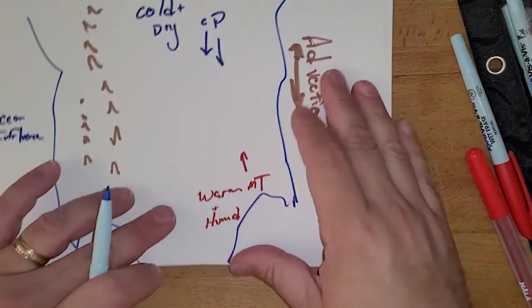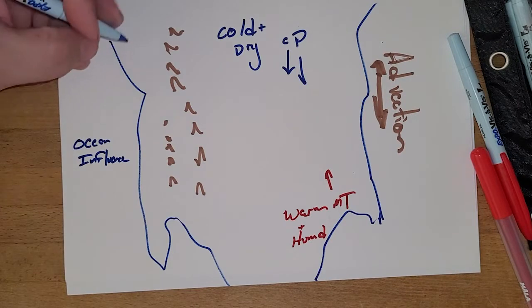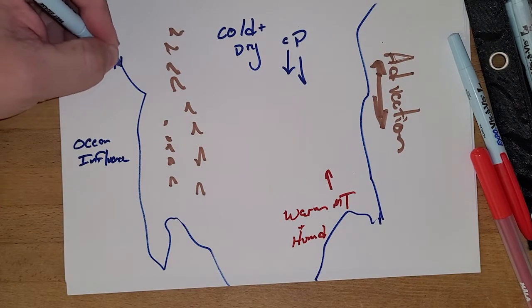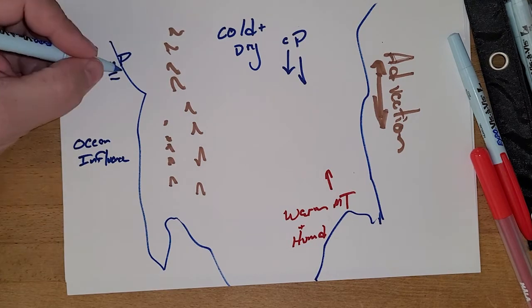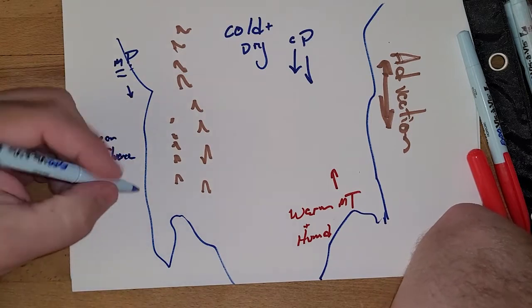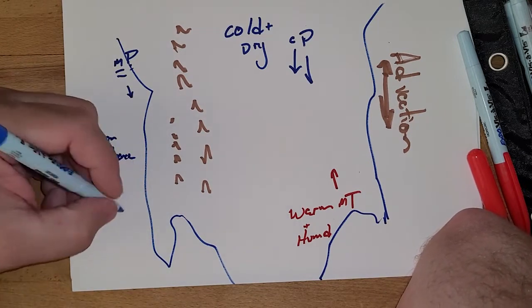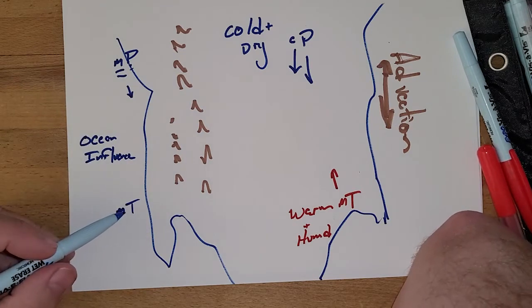Cold and dry and warm and humid. Over here, we're going to have what's called maritime polar air, MP. So it's going to be humid, but cold. And so we're going to have a little bit of movement down here. Down here, it's going to be maybe maritime, maybe tropic, but not huge tropic.